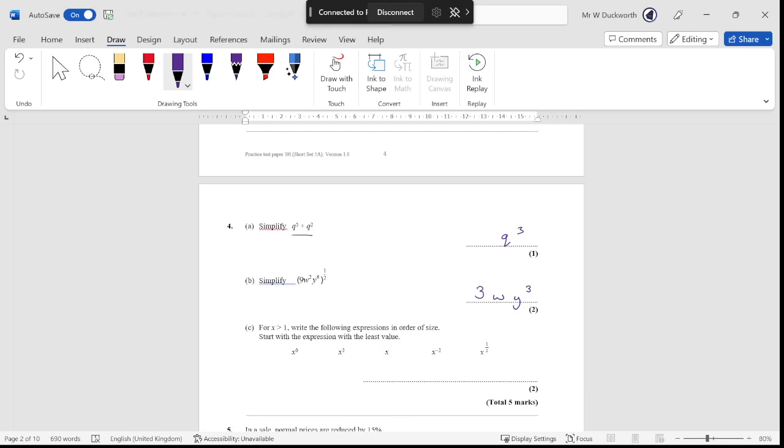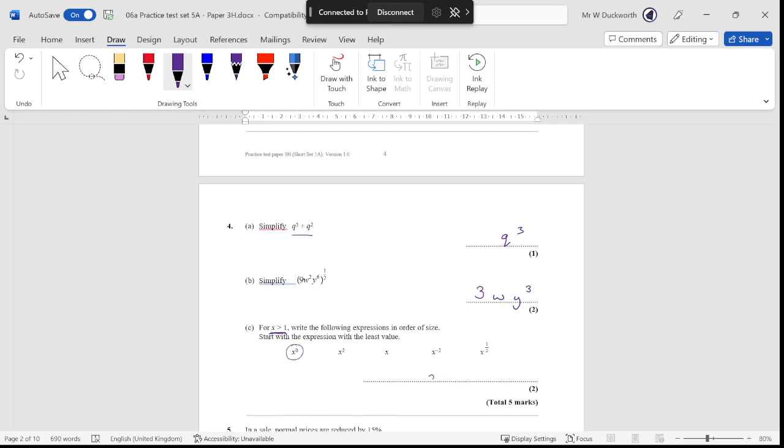For part C, that piece of information is quite crucial to this because if x is less than 1, it can create some issues in terms of ordering. Anything to the power 0 would be 1.